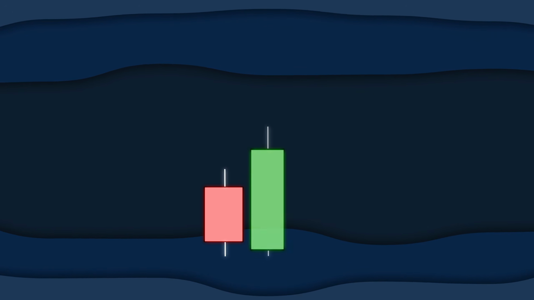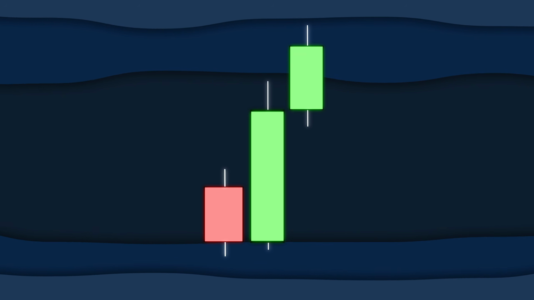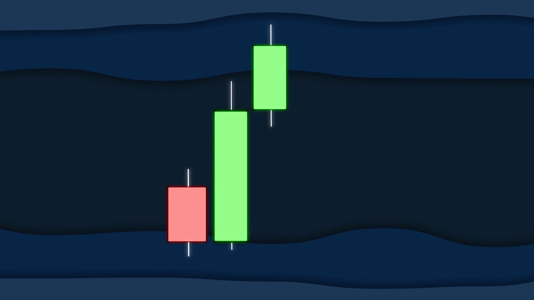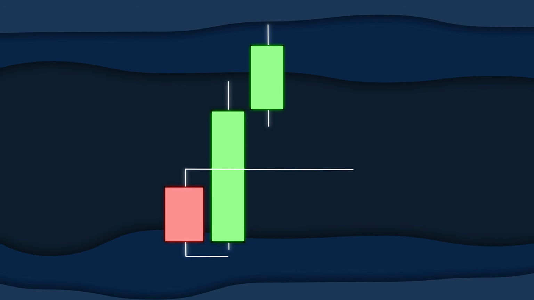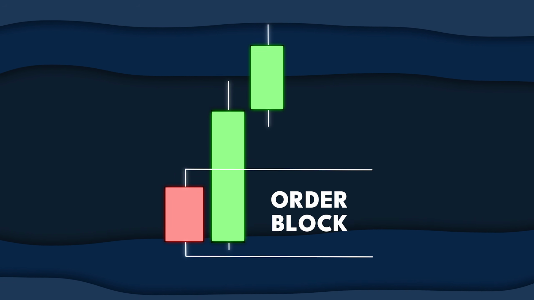Now a confluence for me refers to, let's just keep it at order block or fair value gap. Now an order block is simply a 3-candle formation. This is when you have a bearish move and then a bullish move with aggressive momentum followed by another bullish move. When you look at that 3-candle formation and you take the bearish candle, the high to the low, and draw it across, that is going to give you an order block.